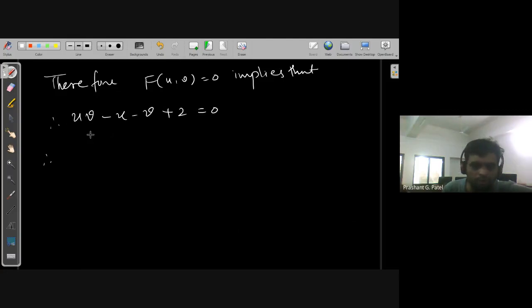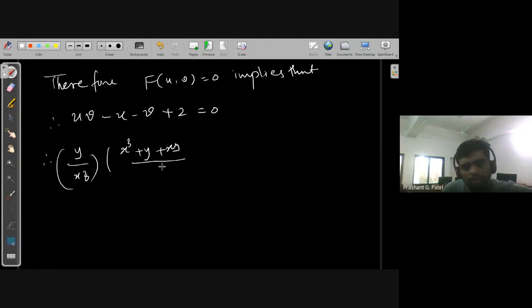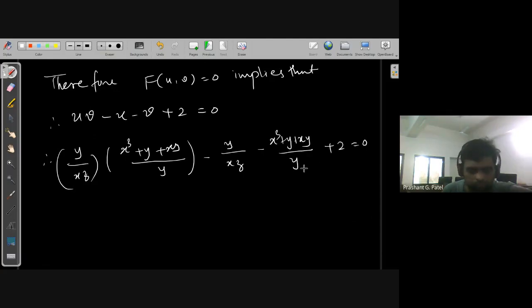But what is the value of u we have obtained? We have obtained y upon xz. And what is the value of v we have got? It is x cube plus y plus xy upon y. So v minus u, that is x cube plus y plus xy upon y minus y upon xz, plus 2 equal to 0. Now we need to simplify this.